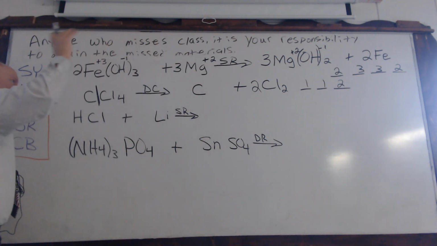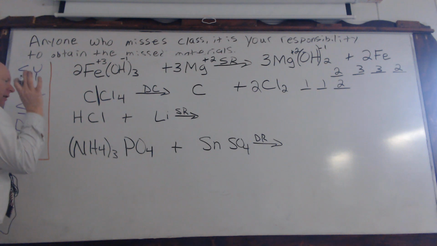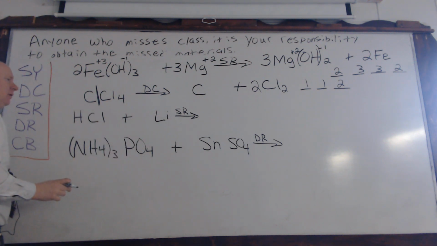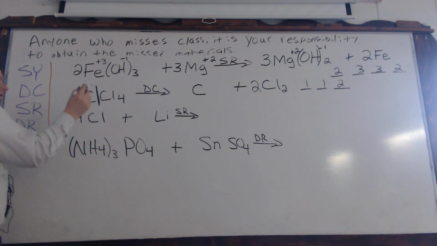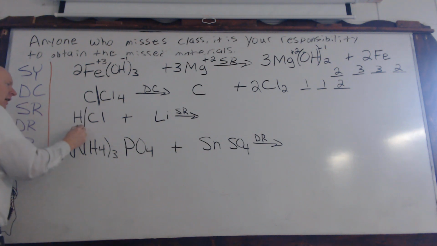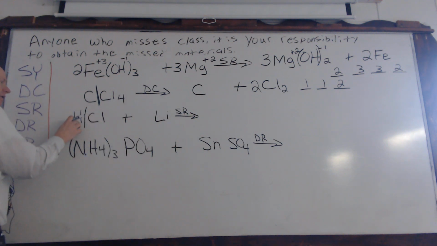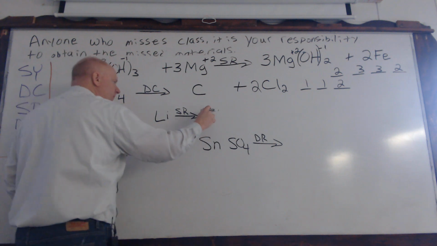So, do you want to deal with the compound first or the metal first? Do the compound first. If this breaks apart, which it does, LiCl. So then the replacement, this lithium, replaces this hydrogen, but on this side.